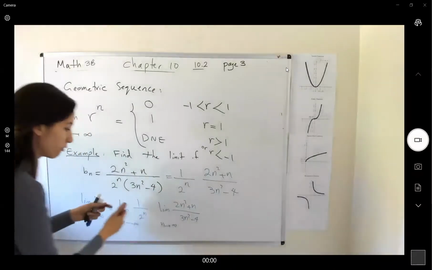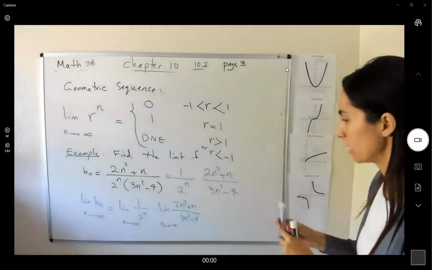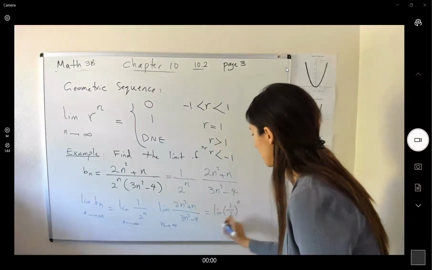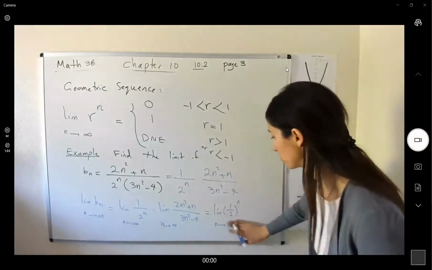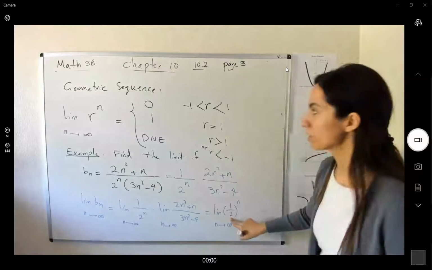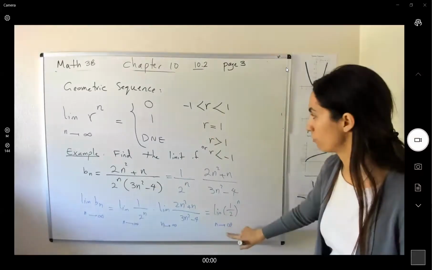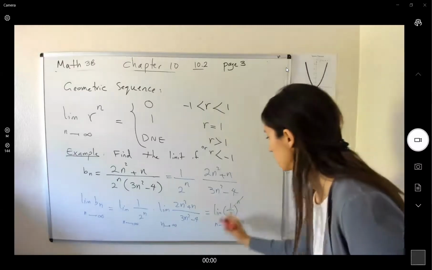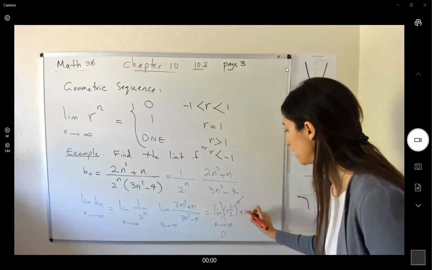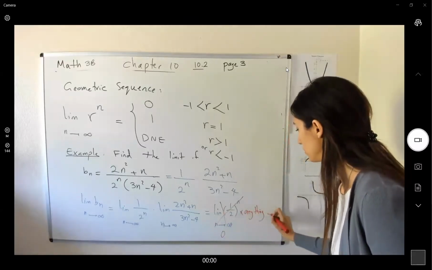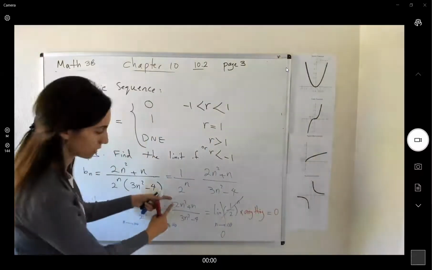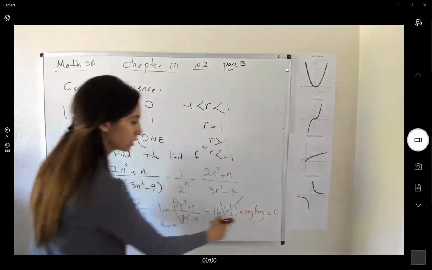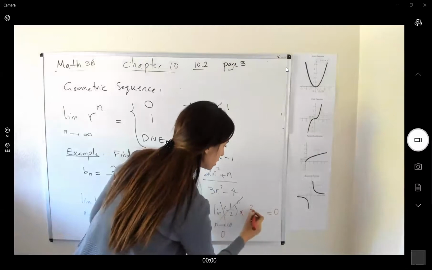Because 1 divided by 2 to the n can be written as a half to the n, which is a geometric sequence, and the ratio is between -1 and 1, so the limit is 0. This limit is equal to 0, and 0 times anything equals 0. And as you can see, the limit of the second function is 2 over 3. 0 times 2 over 3 is 0.